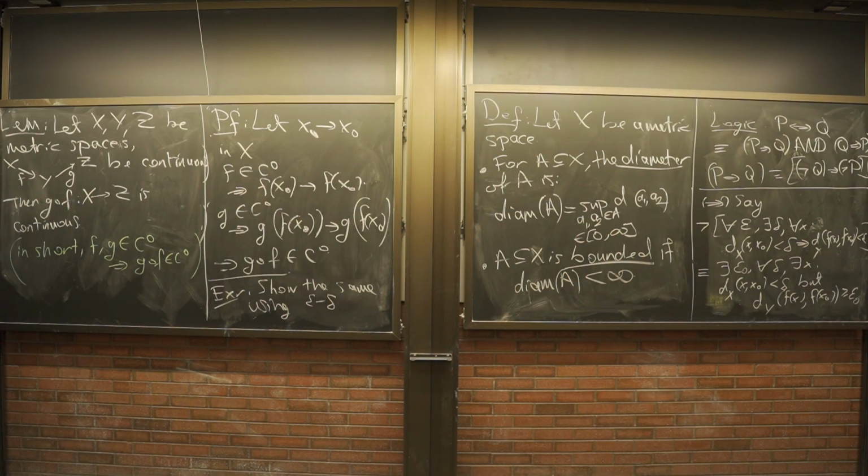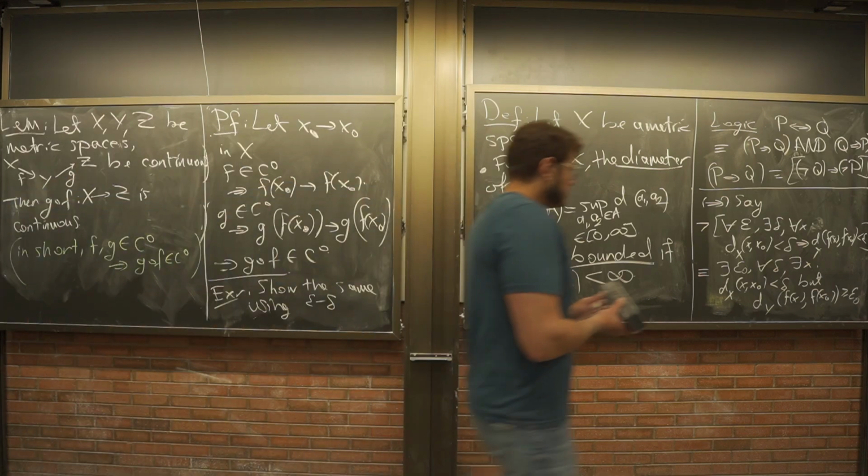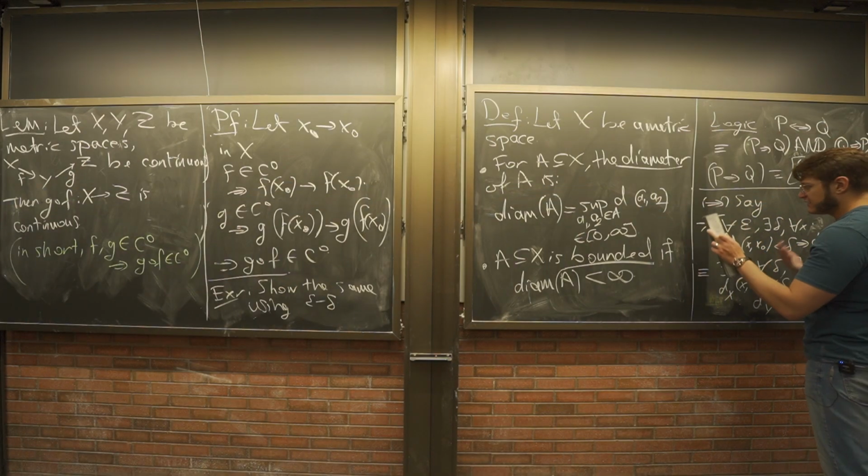If I have a function between metric spaces, I'm going to call it bounded if its image is bounded as a subset.